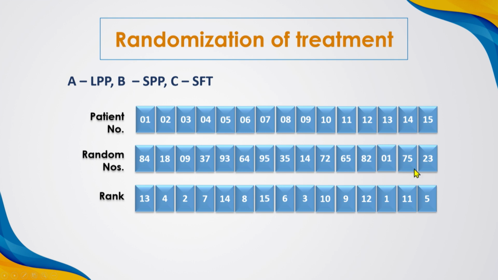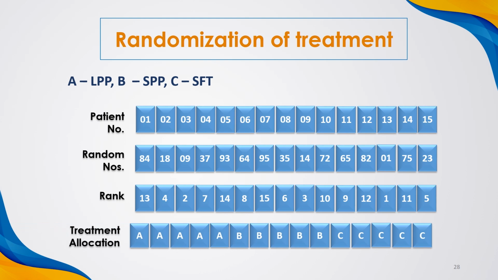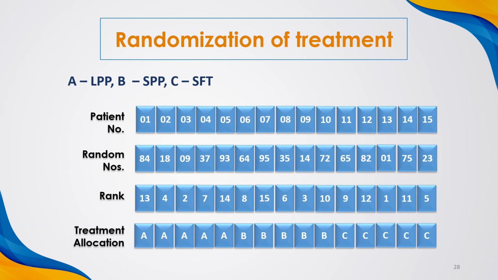Then we assign the treatments. Since we have 15 subjects and we allocate equally, each treatment will be allotted to 5 subjects.